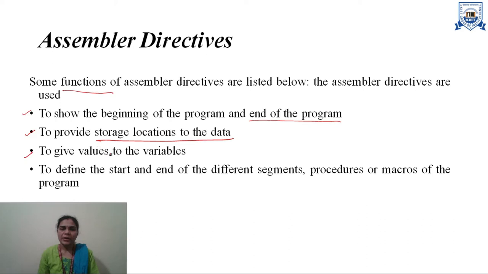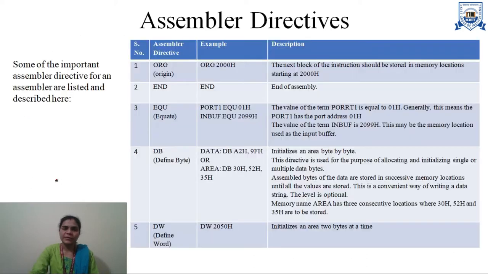Some assembler directives are used to give values to variables, or to define the start and end of different segments, procedures, or macros. We will see some examples of assembler directives. So here we have a list of assembler directives.